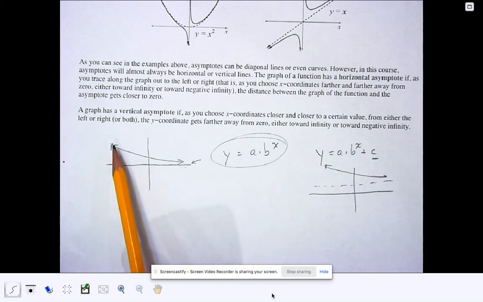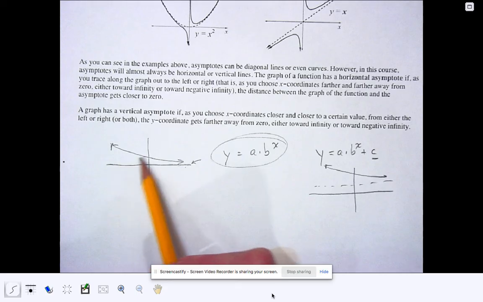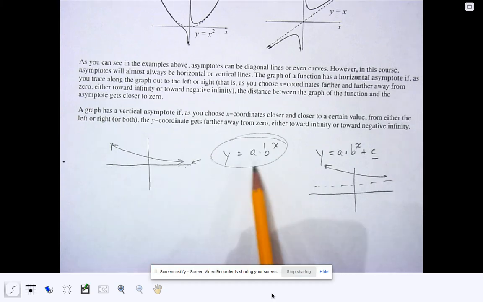The graph is going to get infinitely close to it, or if the b value is positive, it would be as x gets smaller and smaller. So an asymptote is a line that the graph gets close to but does not cross. A funny word, huh?